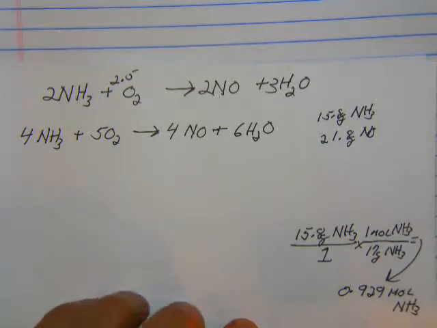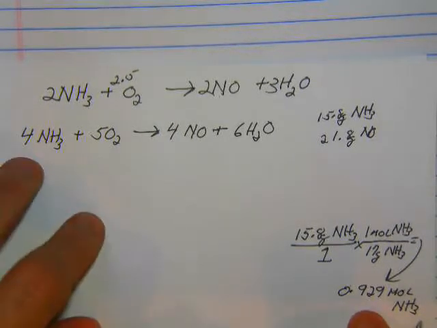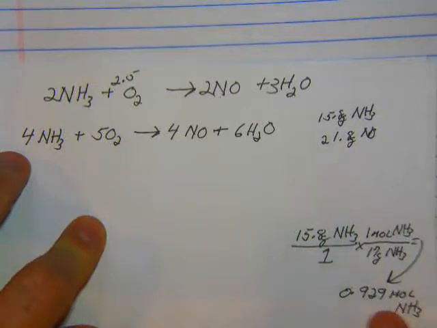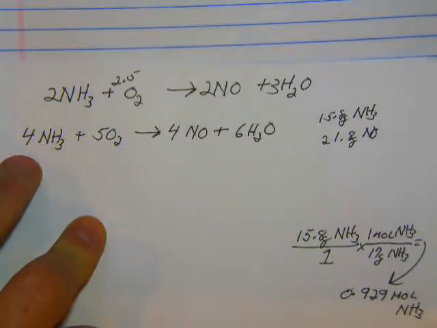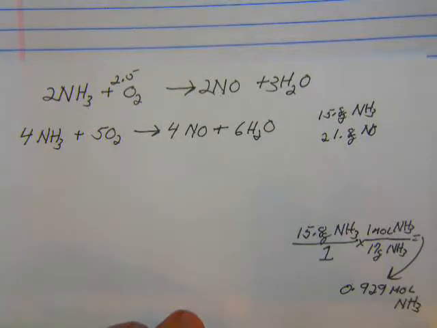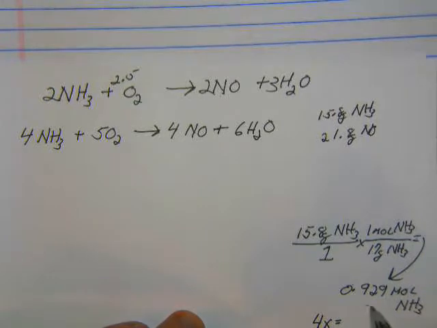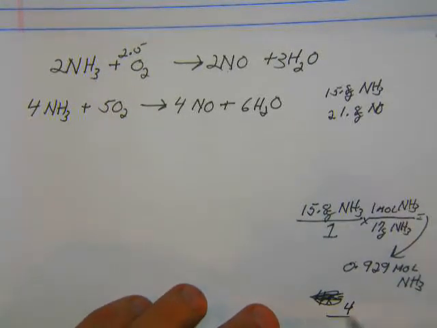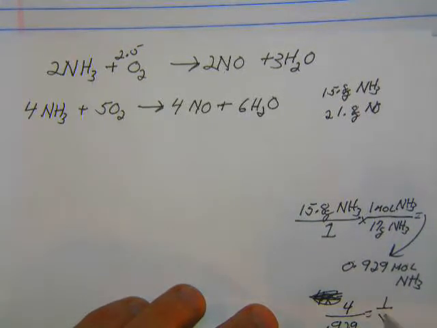Alright, so that's how much we have for really 4 moles. So the coefficient of 4 gives us this much. Well, we want to find out what 1 would be worth. And again, we'll just do that ratio. So 4 over 0.929 equals 1 over x.